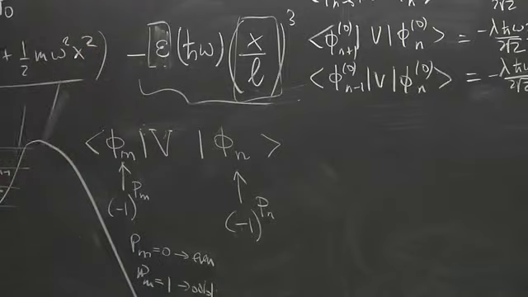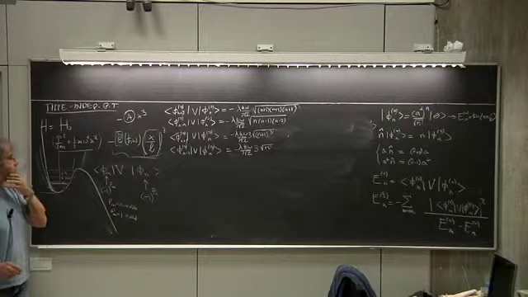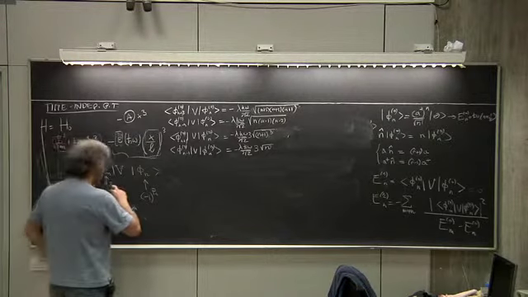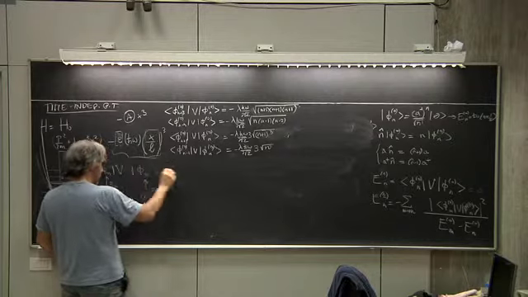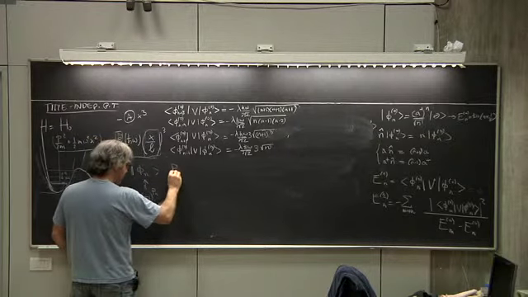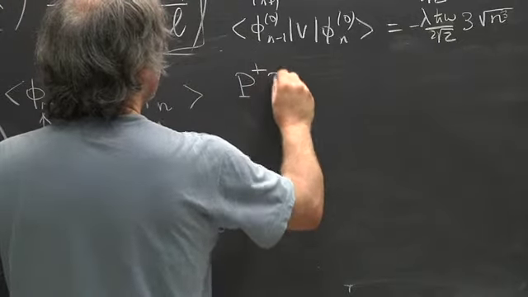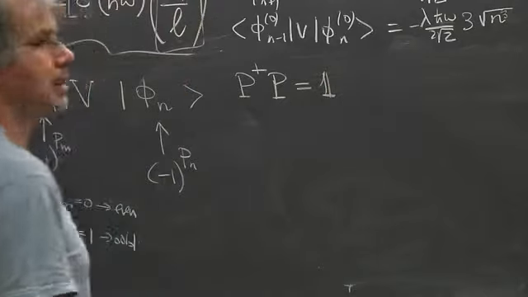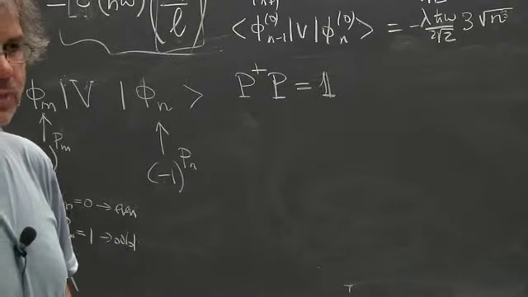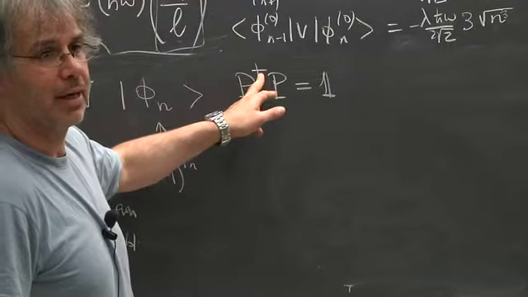Okay? Good. So how can I tell you something about this? Well, first of all, I can insert P, the parity, P dagger, which is obviously an identity because we said all the symmetries are unitary operators. And so the inverse and the dagger coincide.